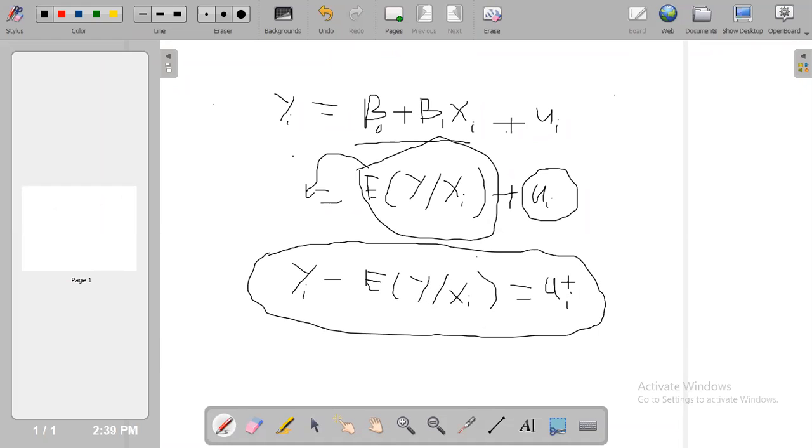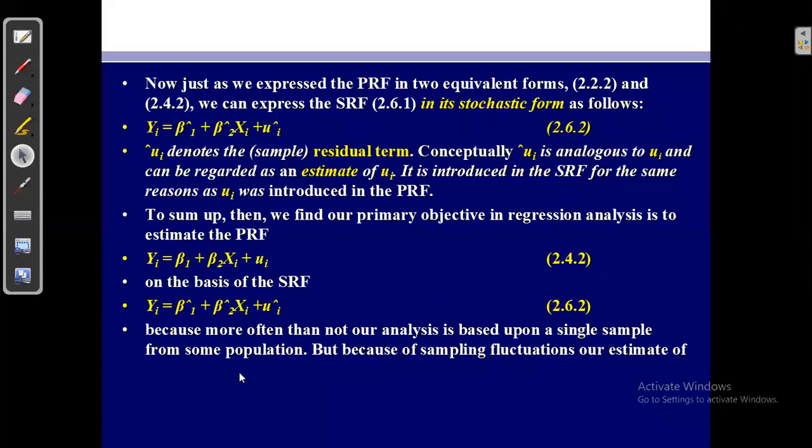So this is actually, in a sense, the values of the disturbance term. If you want to get ui, you have to bring all this thing on the other side and you will get that.